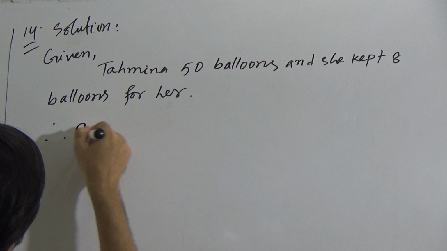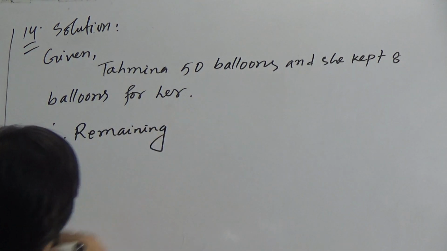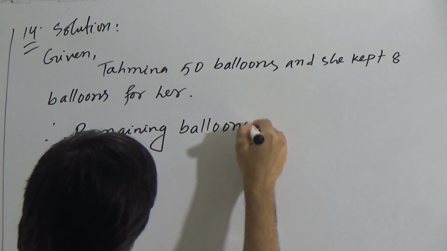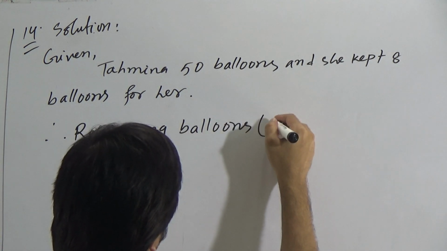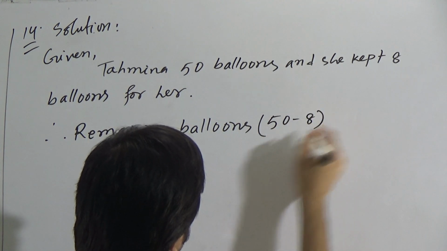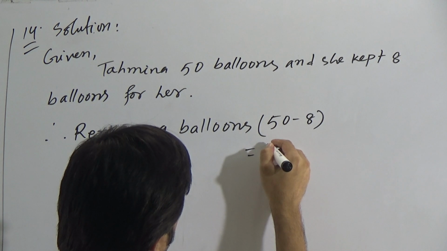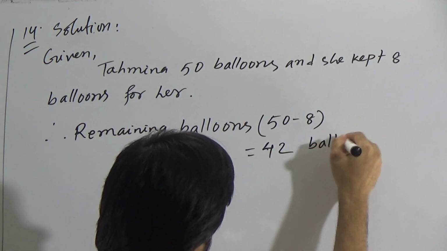Therefore, the remaining balloons. What will be the remaining balloons? We have to subtract 8 from 50. This will be equal to 42. If we subtract, we will get 42 balloons.